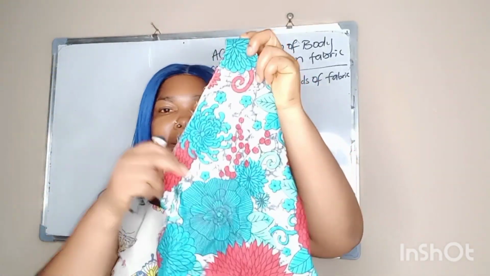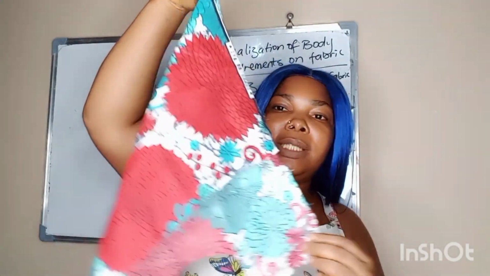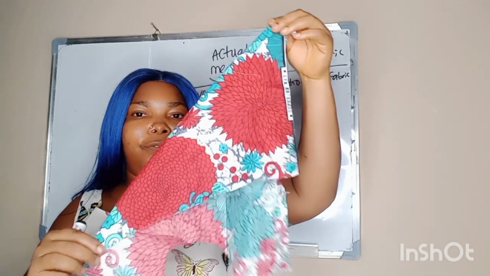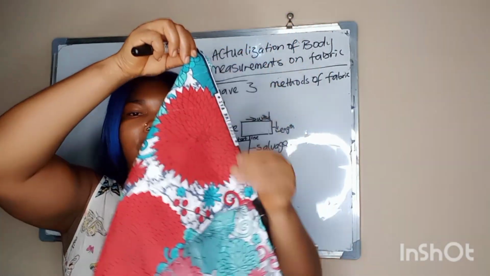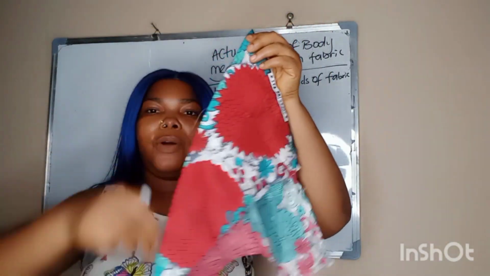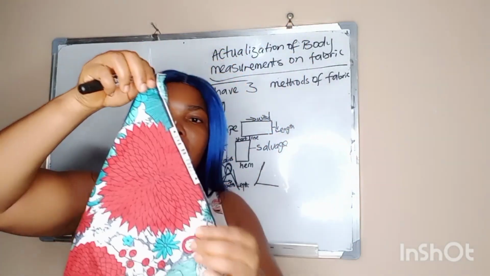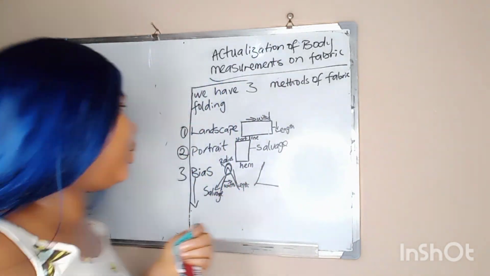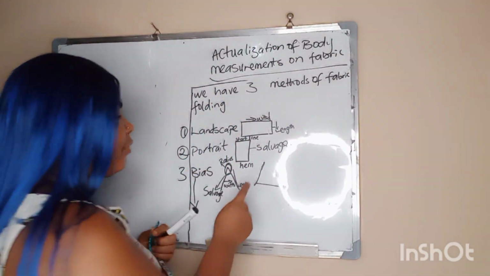So this is referred to as the bias mode of folding. Your fabric is shorter from the other end and longer from the folded end. So this is referred to as the selvage line. This of course would be your hem line, and this would be your starting point. So this is exactly what we have here.